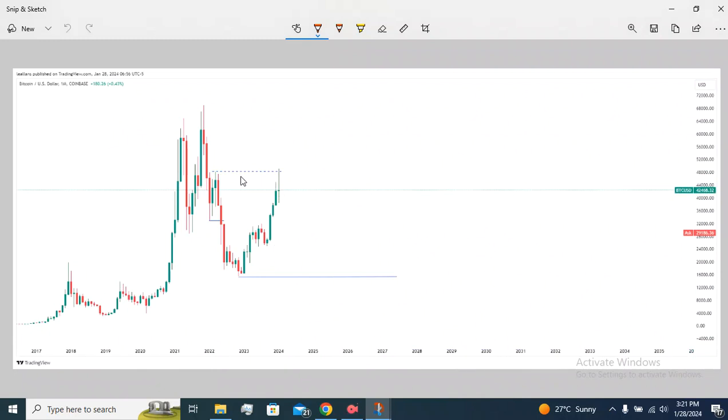This is where we had anticipated the market to reach before we take a reversal.